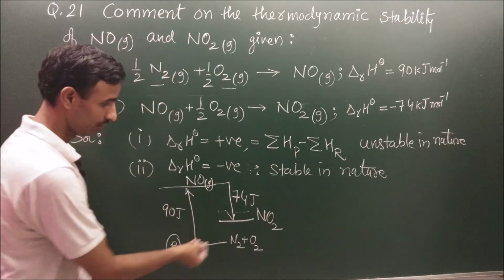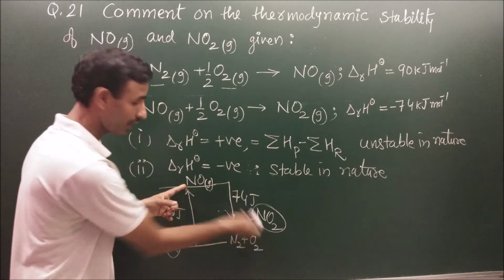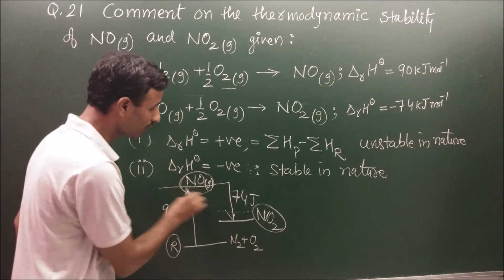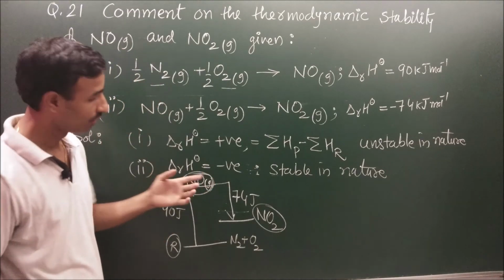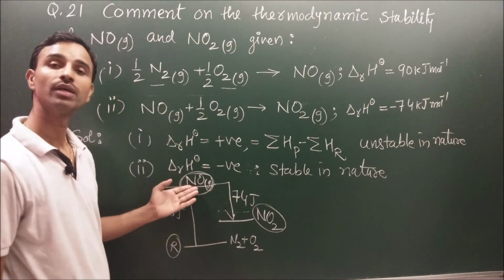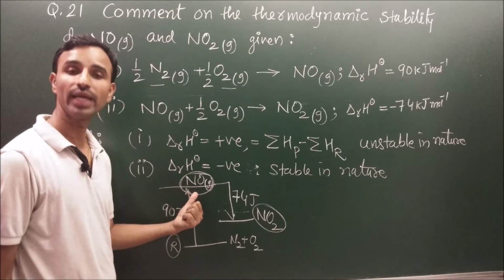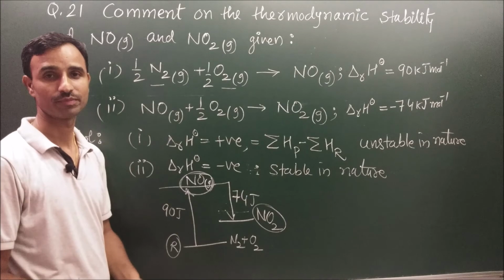That means NO2 is at the lower end, NO is at a higher end. That means NO is thermodynamically less stable, or we can say unstable, and NO2 is thermodynamically more stable than NO, or NO is thermodynamically less stable than NO2, right?